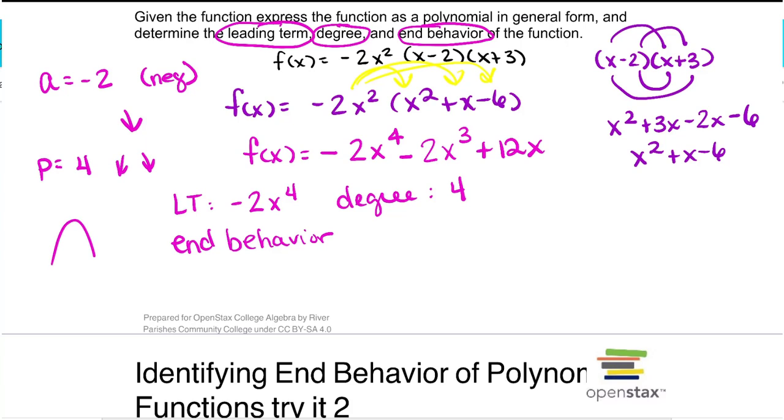So as far as the end behaviors go, it's going to look something like this. There could be some curves along the middle, but the ends would look like that. So as x approaches infinity, or as x approaches negative infinity, either way, f of x is going to approach negative infinity because it's pointing down.